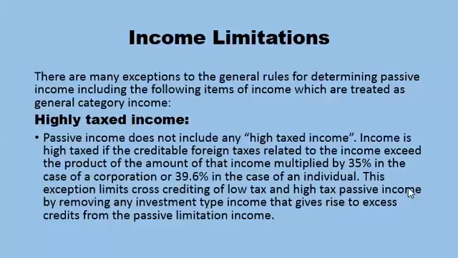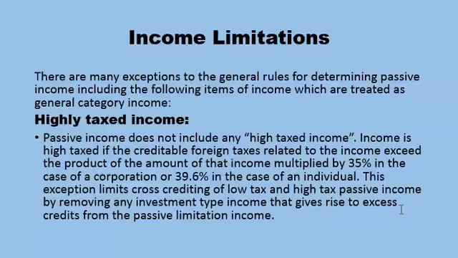There are many exceptions to the general rules for determining passive income, including the following items of income which are treated as general category income. Highly taxed income. Passive income does not include any highly taxed income.